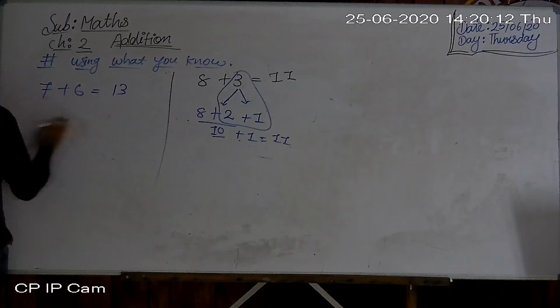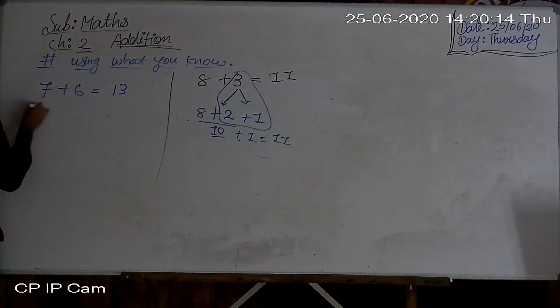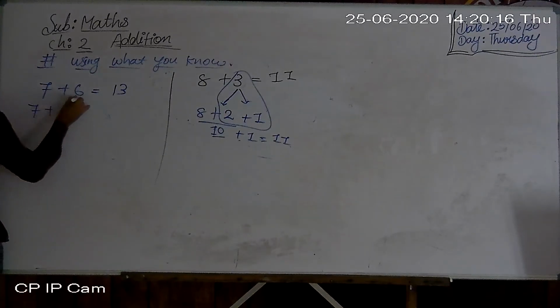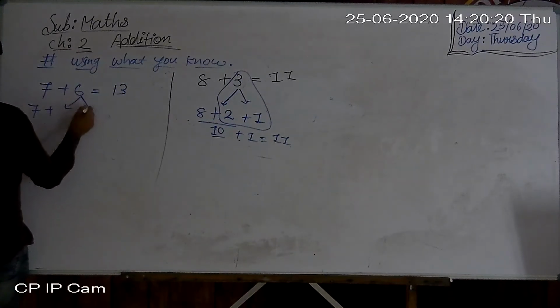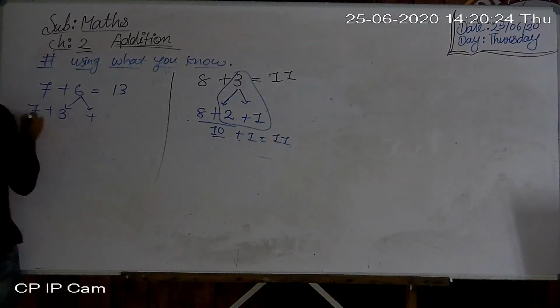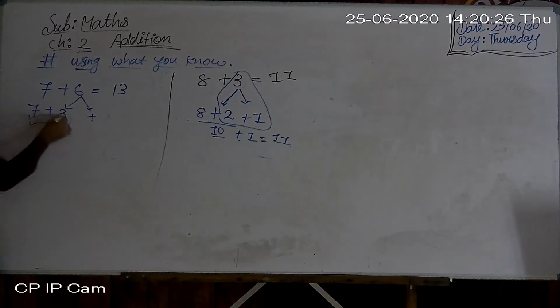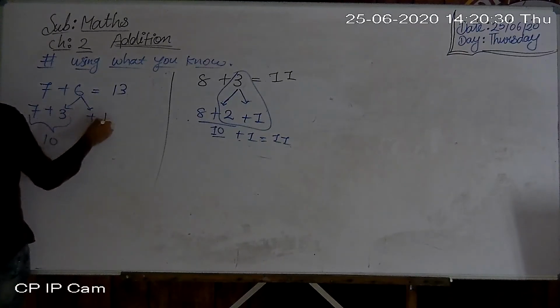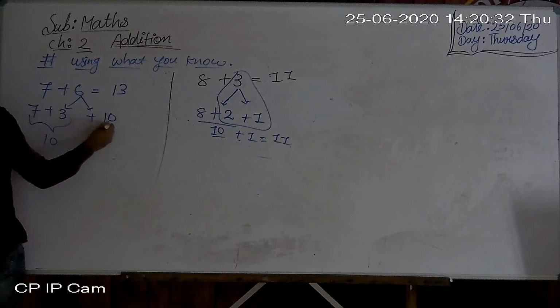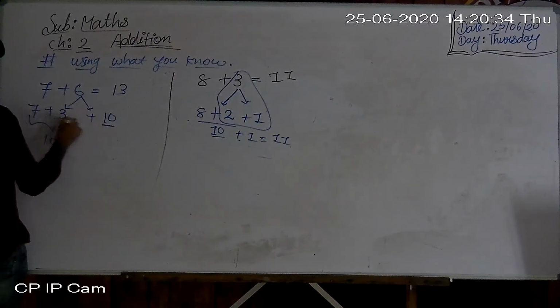So now let's check here, students. 7 plus 3 and 6. Now how many make here? 7 plus 3 is 10 and 6. How many are left for us? 10. See now, 10 plus 3.